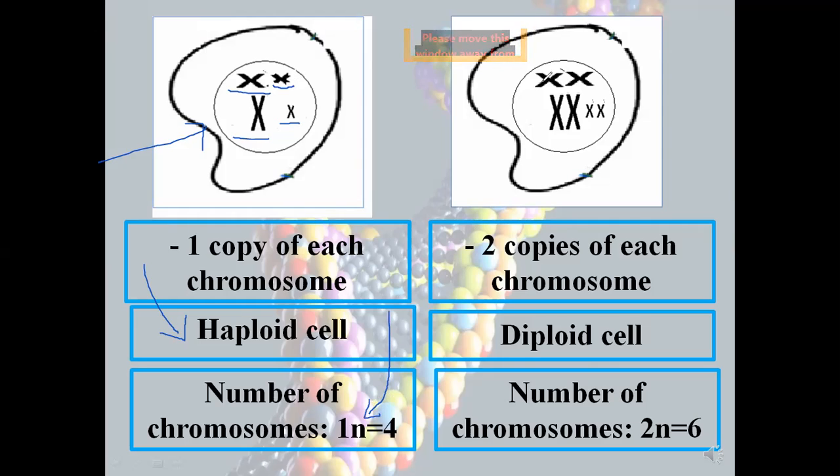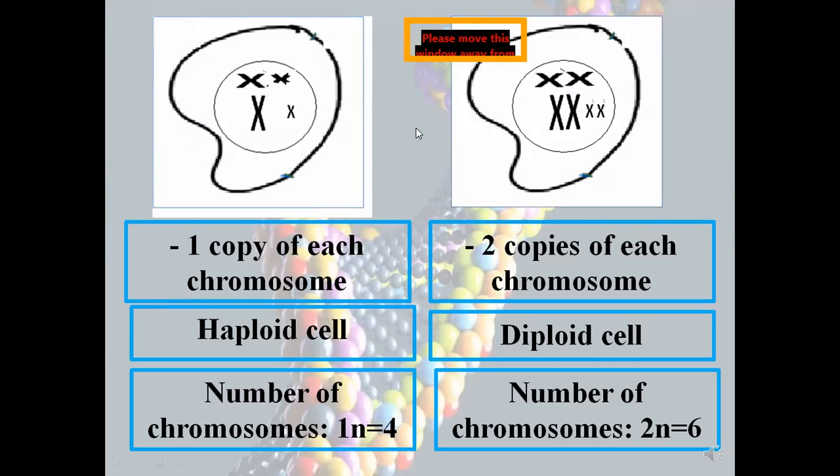However, here we have two copies of each chromosome. Two copies, and two copies. So these are called diploid cells. Diploid cells contain two copies of each chromosome.